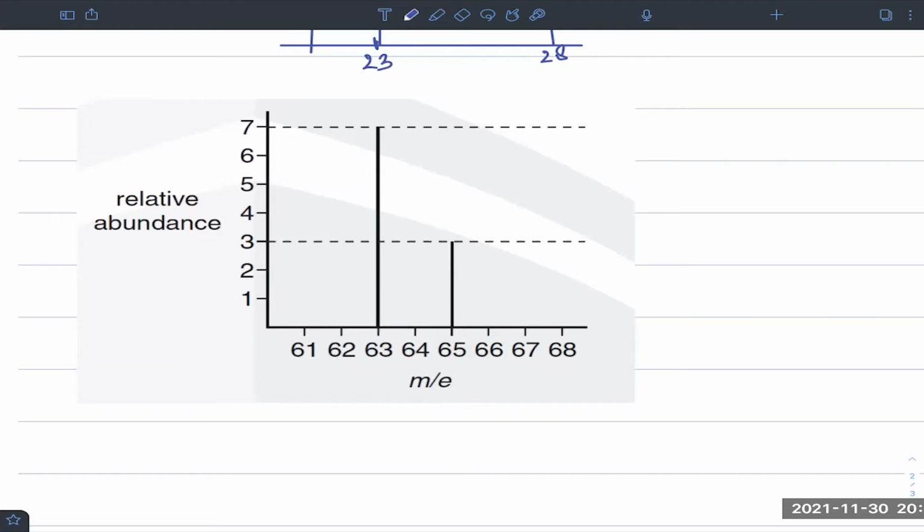Yeah, that's close. I think that is the answer. 63.6 is the answer. So here's how you do it. The weightage is 63 times 7 plus 65 times 3, whole over the total, which is 10. So there you go. That's 63.6.